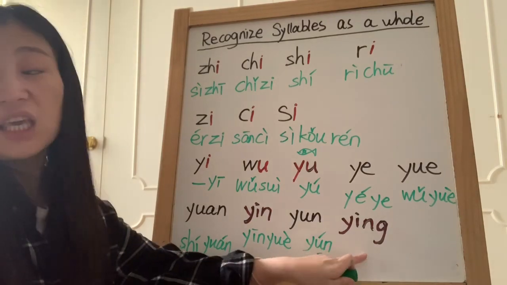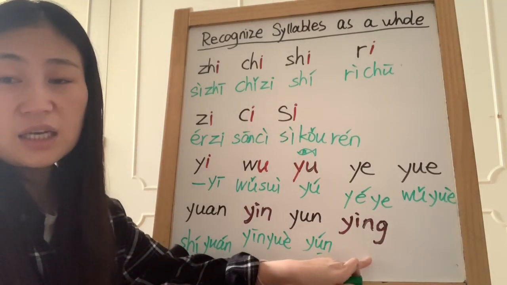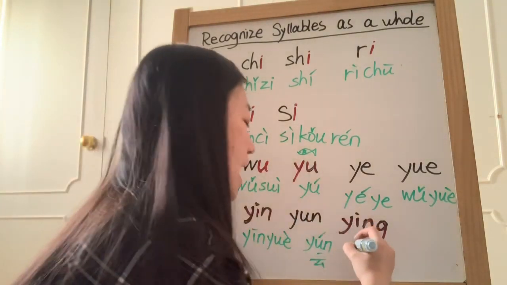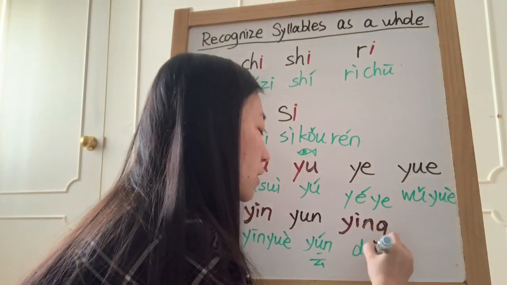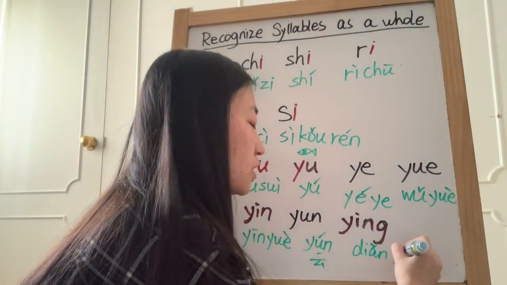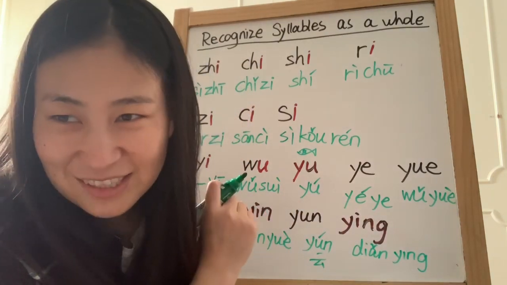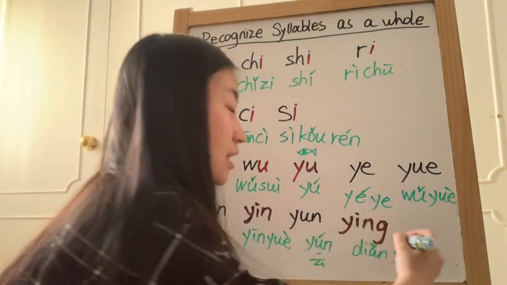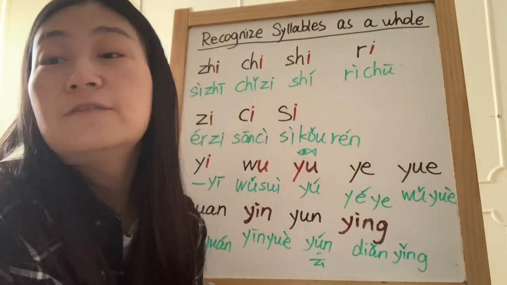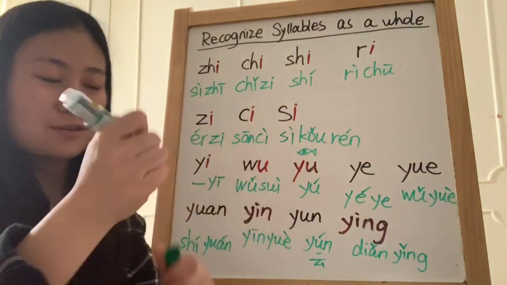And then 影. Even though we cannot go right now, we still can see them on Netflix, right? 电影 are films, movies, okay?